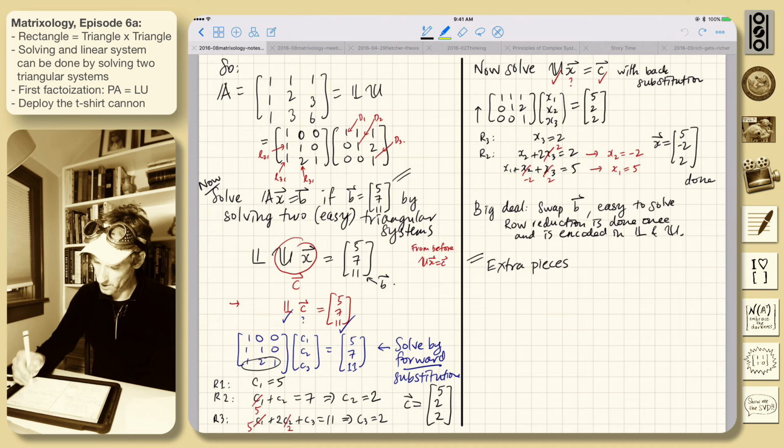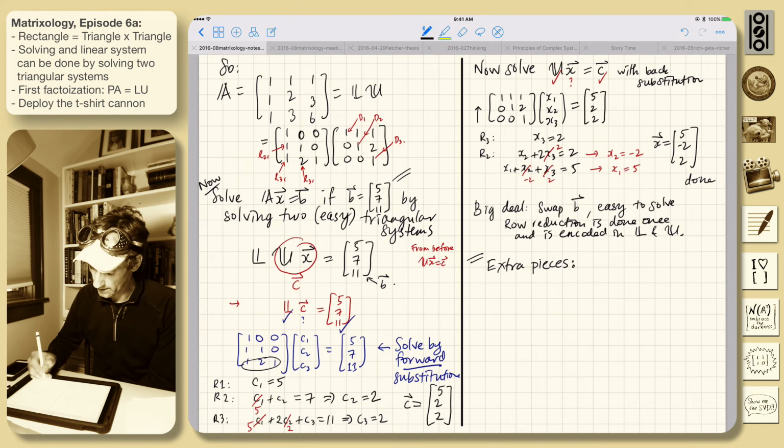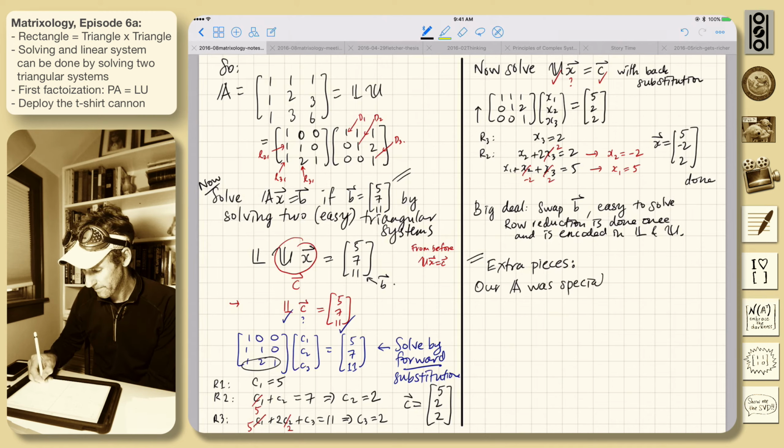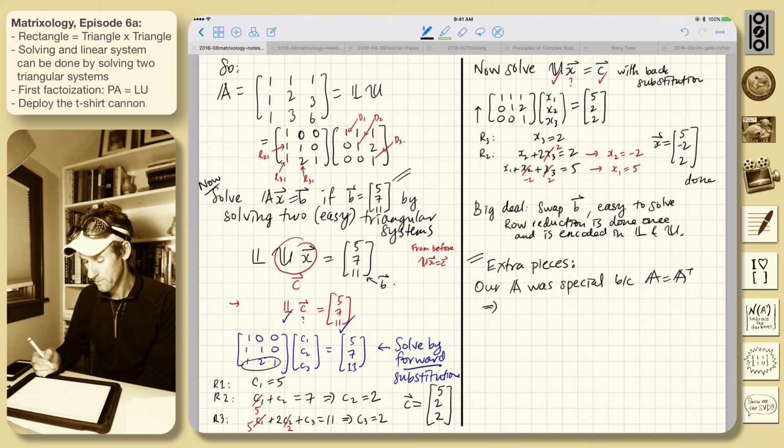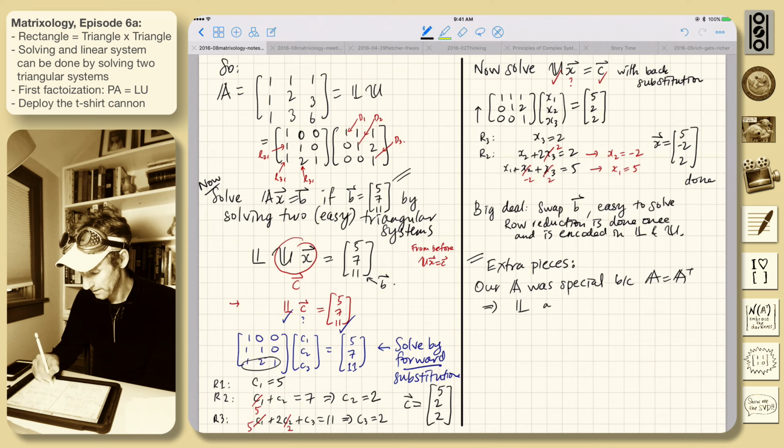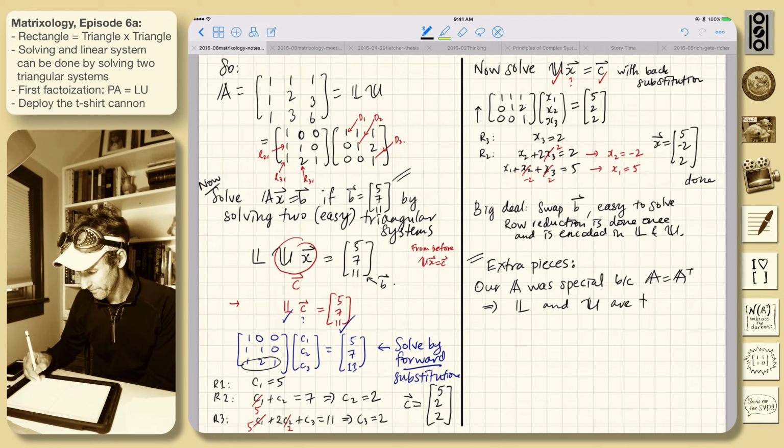So A is special. Our A was special because A equals A transpose. And that led to, it's not quite always true, but L and U are transposes.